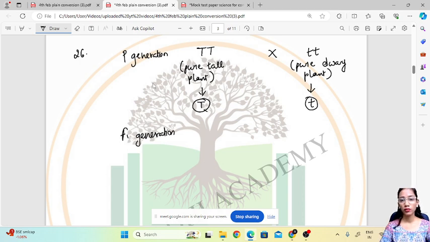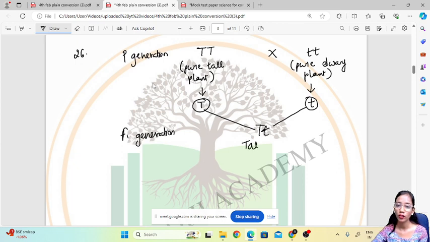F1 generation, this combines together. So capital T, small t. In this we found out that the capital T is the dominant trait and small t is the recessive trait, right? So this will be tall. This is for tall plants.